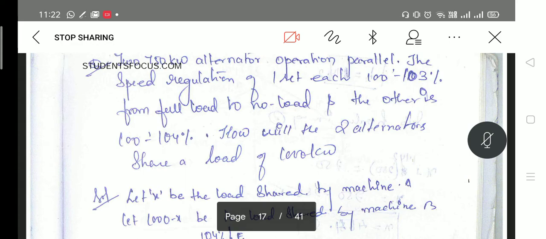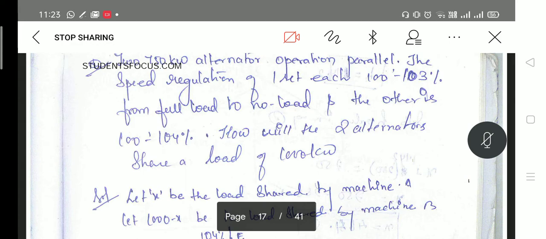Okay, the third problem is two 750 kilowatt alternators operating in parallel. Here he has given two machines of the same power generating in parallel, that is 750 kilowatts. The speed regulation of each is 100 to 103%.